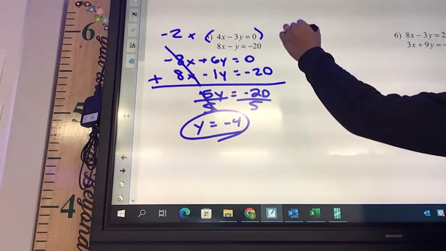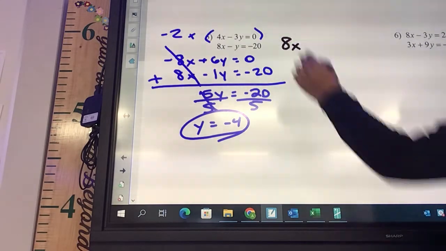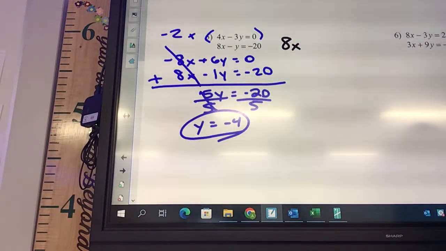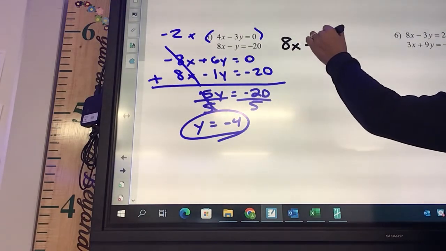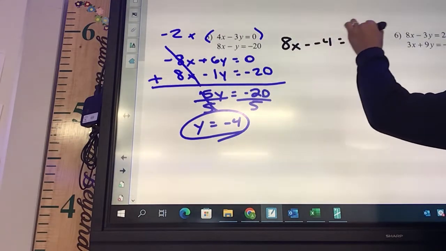Bottom? Okay, so it's going to look like 8x, what? No. 8x minus negative 4. There we go. 8x minus negative 4 equals negative 20.